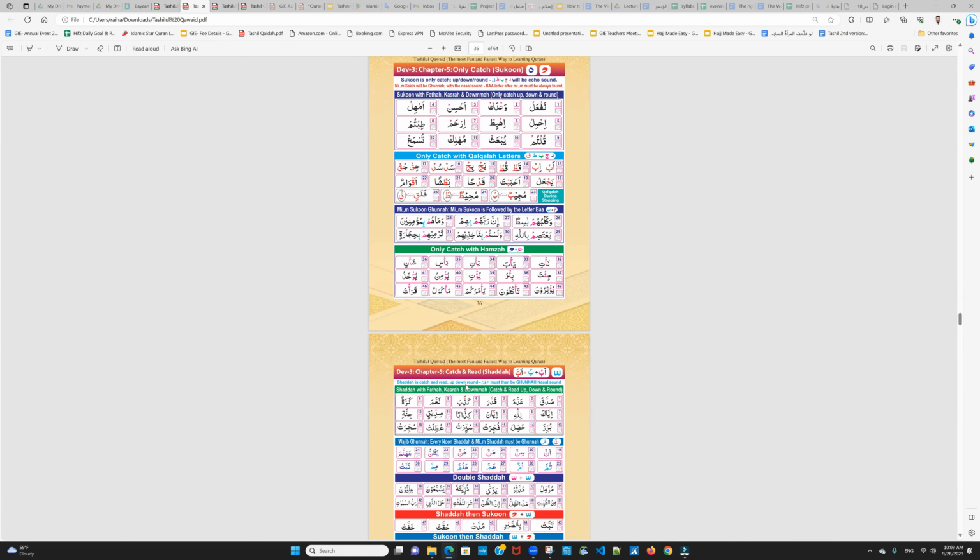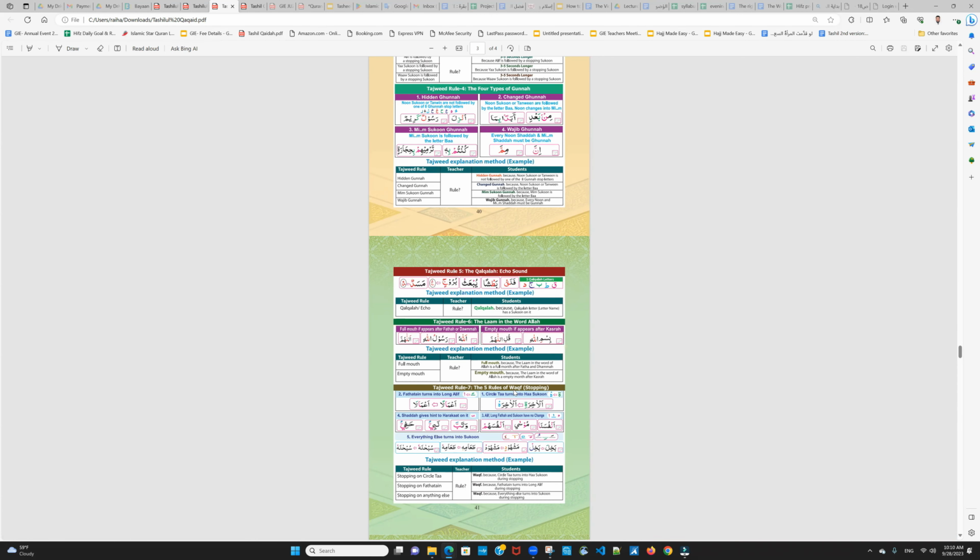So by the end of level 6, they are done with the detailed exercise of all 5 sounds: short, 1 second long, 3 to 5 seconds longer, nasal sound, only catch, catch and read. At the end of level 6, they are done with all 7 important tajweed rules also.